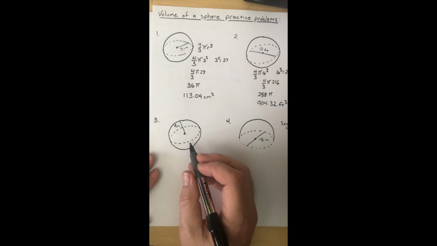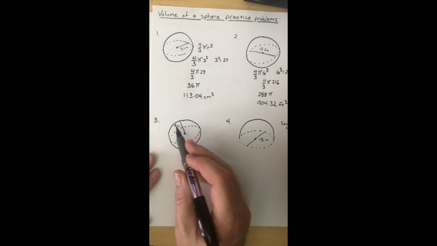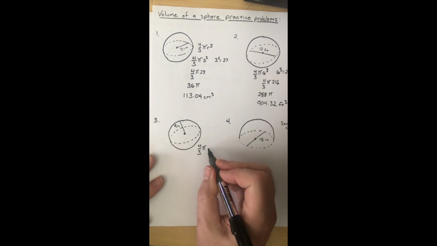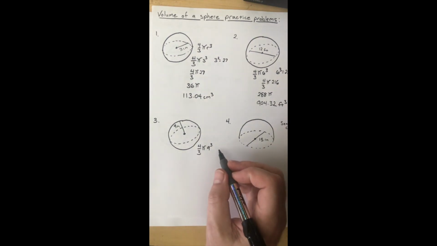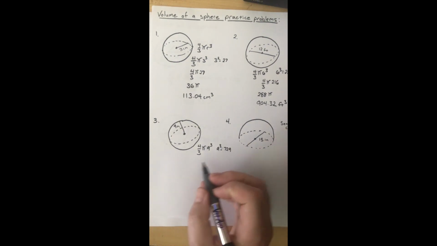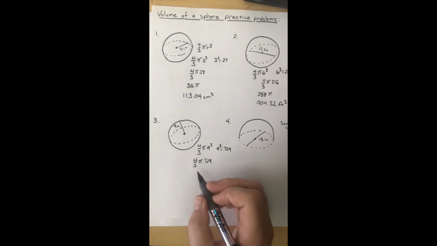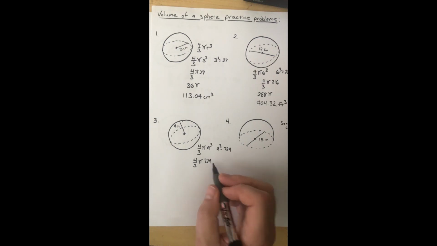Now come on over to this guy. He has a radius of 9 meters. So 4/3 times pi times 9 cubed. Now 9 times 9 is 81, and 81 times 9 is going to be 729. So I've got 4/3 times pi times 729. And I divide 729 by 3. That's going to be 243, because that's 24 right there, and 3. Ew.